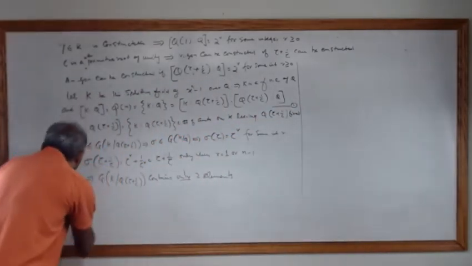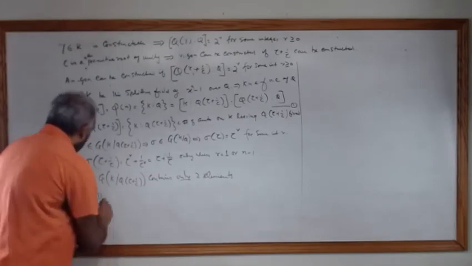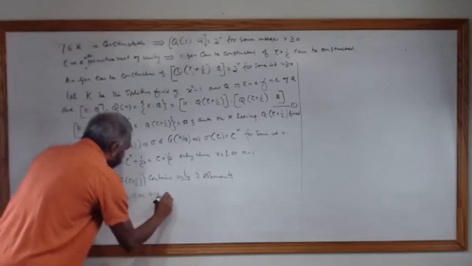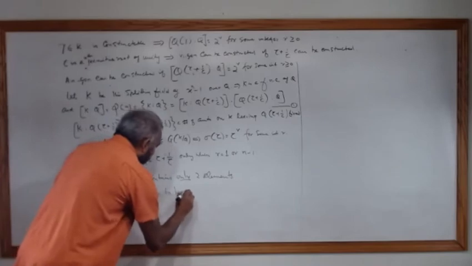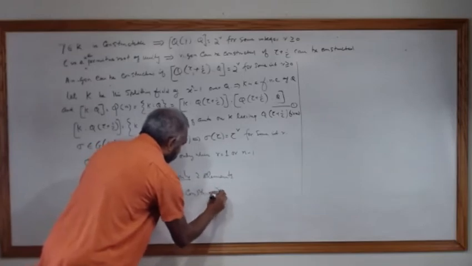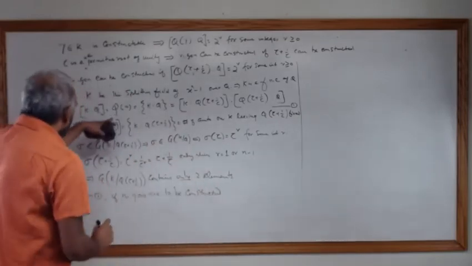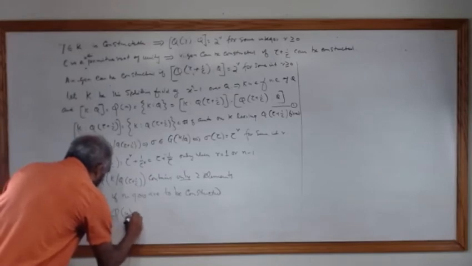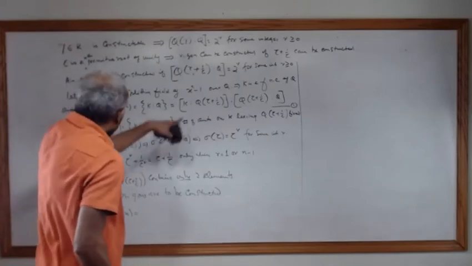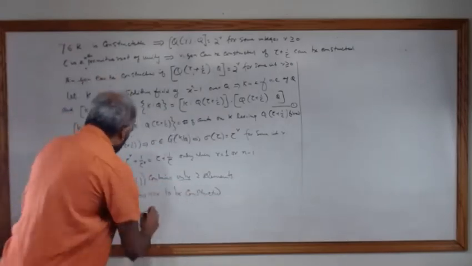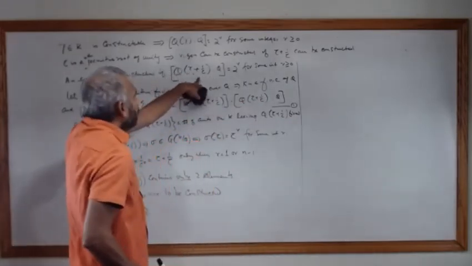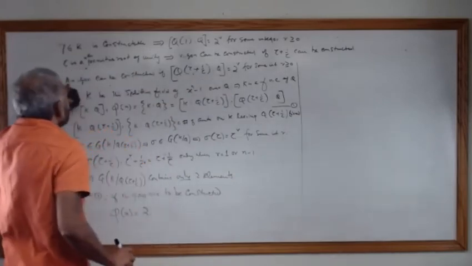So from 1, if n-gons are to be constructed, then phi of n is equal to 2 times, this has to be 2 to the power of r, and then only this n-gon can be constructed.